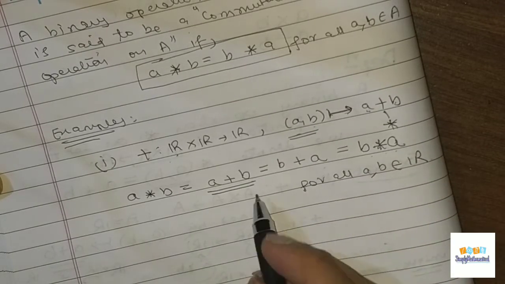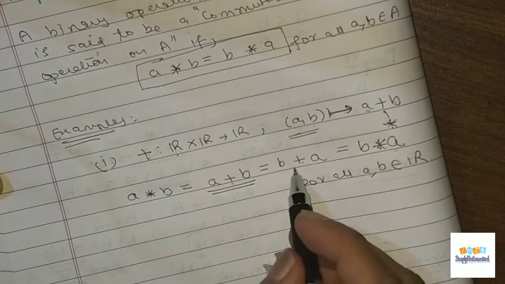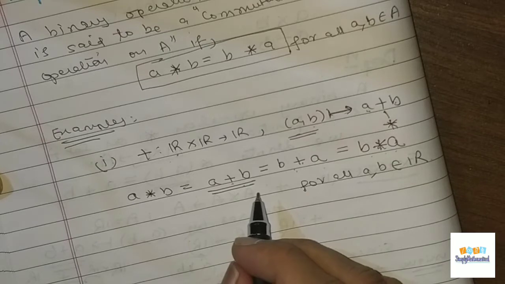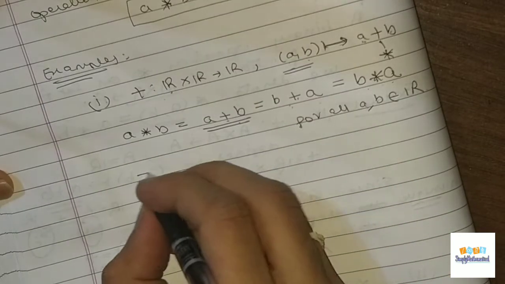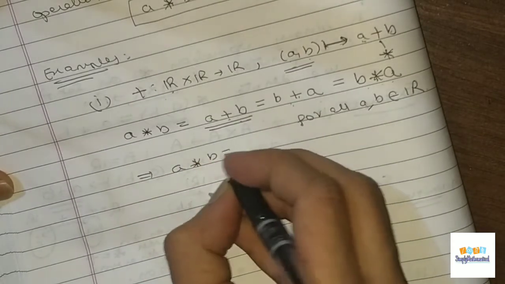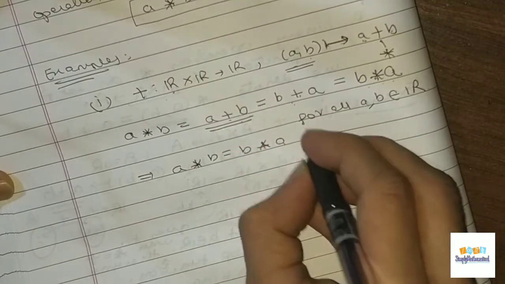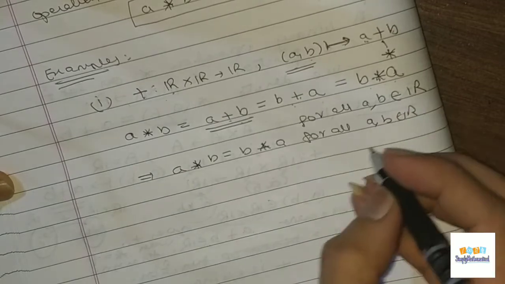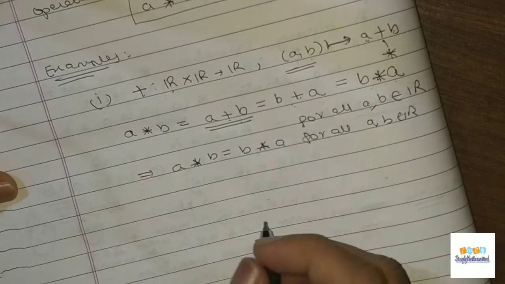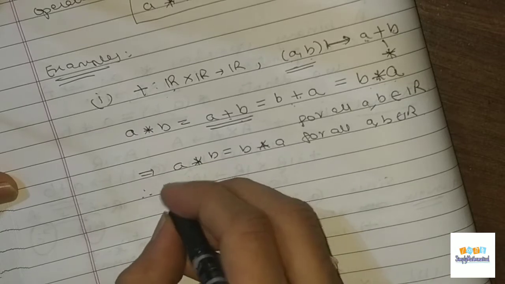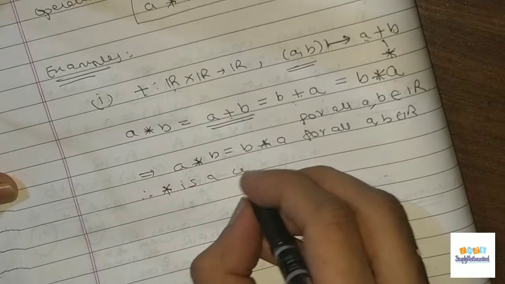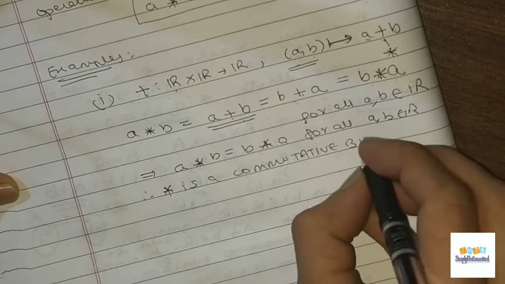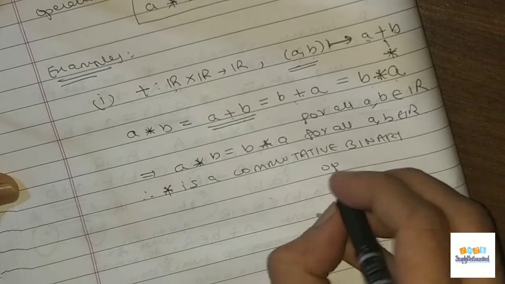For any real numbers, this is true. You can add any real numbers in any order. So what you get is A star B is equal to B star A for all A comma B belonging to the set of real numbers. Therefore star is a commutative binary operation.